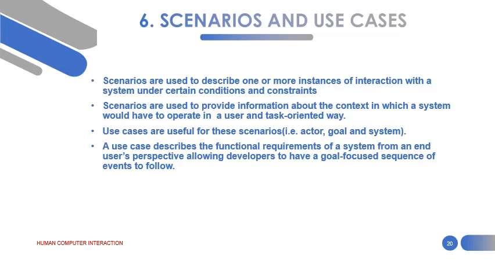In conducting scenarios, use cases are used, since use cases consist of the actor being the person who is going to use the system, the goal, which is the functional requirements of the system, and the system itself. A use case describes the functional requirements of a system from an end user's perspective, allowing developers to have a clear, goal focused sequence of events to follow.